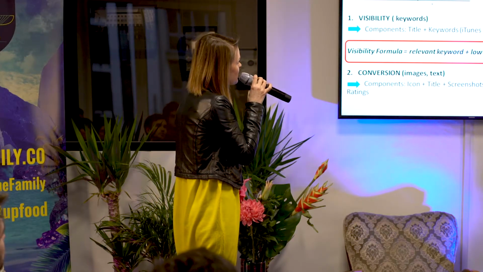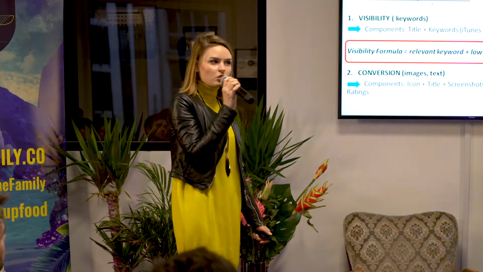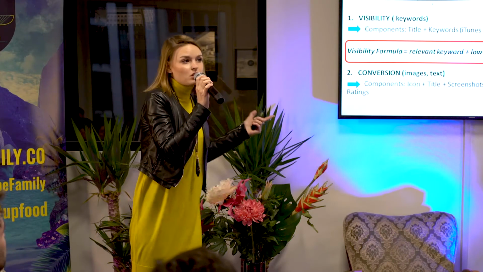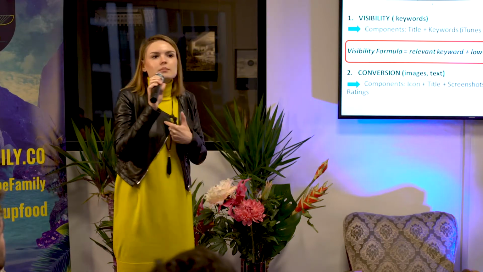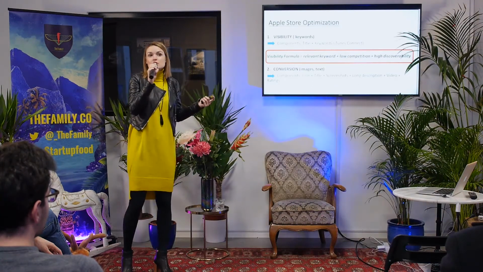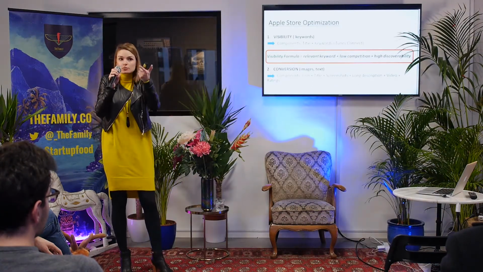So why this visibility formula? Because you want to put relevant keywords for your business in your title and background keywords. If you're a maps or mobility app, you're going to put navigation or U-Bahn in Germany. But you want to make sure there aren't 3,000 apps competing for this word. If 3,000 apps use the same word, you most likely won't be number one.